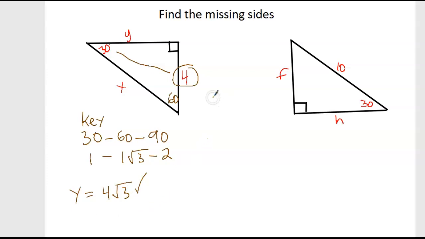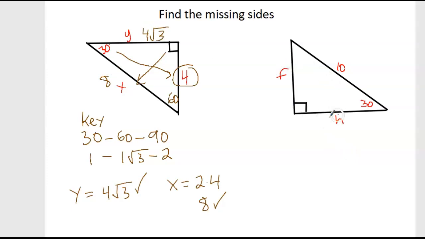And then if we are looking for the 90, which happens to be here, then it's just twice of that, because you see here it was 1 and it's twice here. So our x here is just going to be 2 times 4, and that's 8, and we are done. So here is 8, and here is 4 root 3.